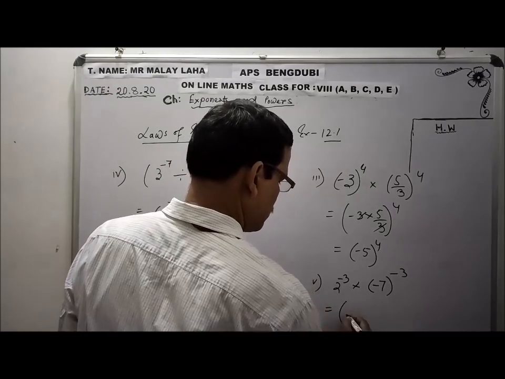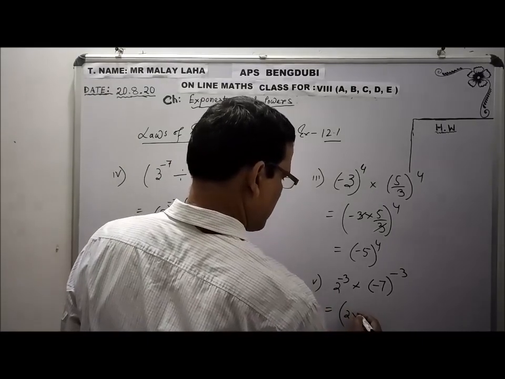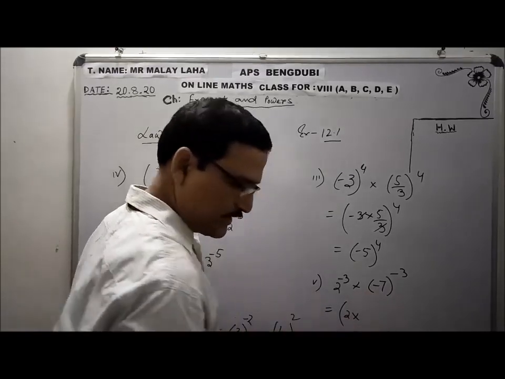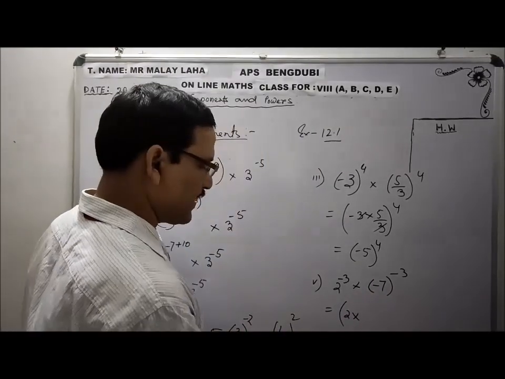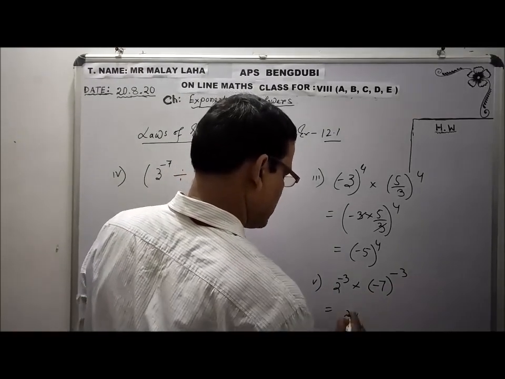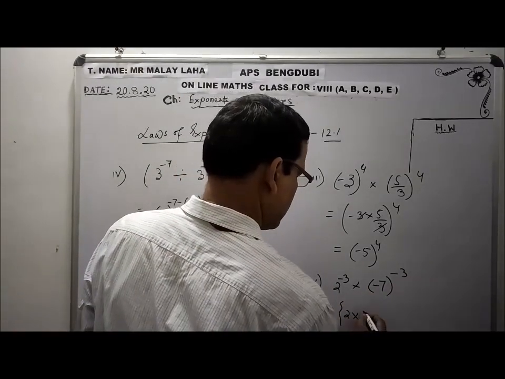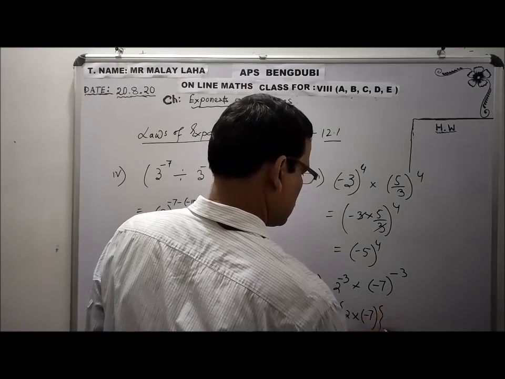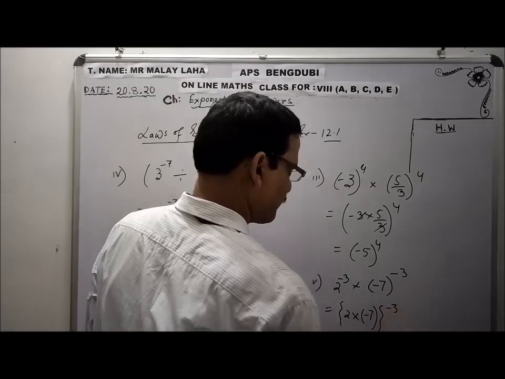We can write 2 into minus 7. I cannot write minus 7 here. Two brackets simultaneously we cannot use. So you have to take another bracket, a curly bracket. Then minus 7 raised to minus 3.